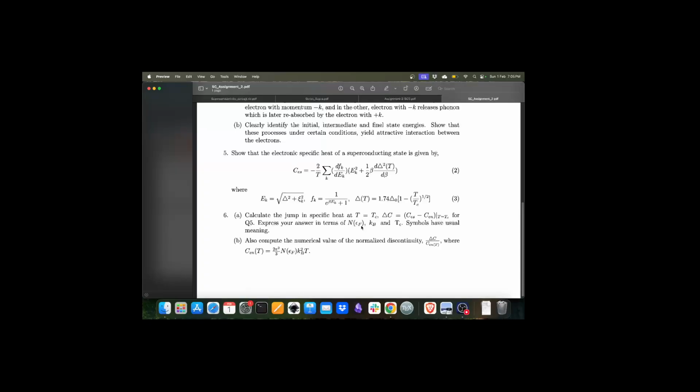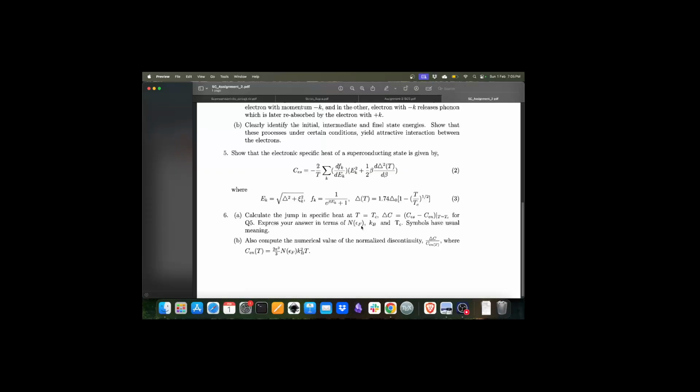So there can be two states. One is the state with n equal to zero, where there are no superconducting electrons, and then there is n equal to one, which means there are electrons there.